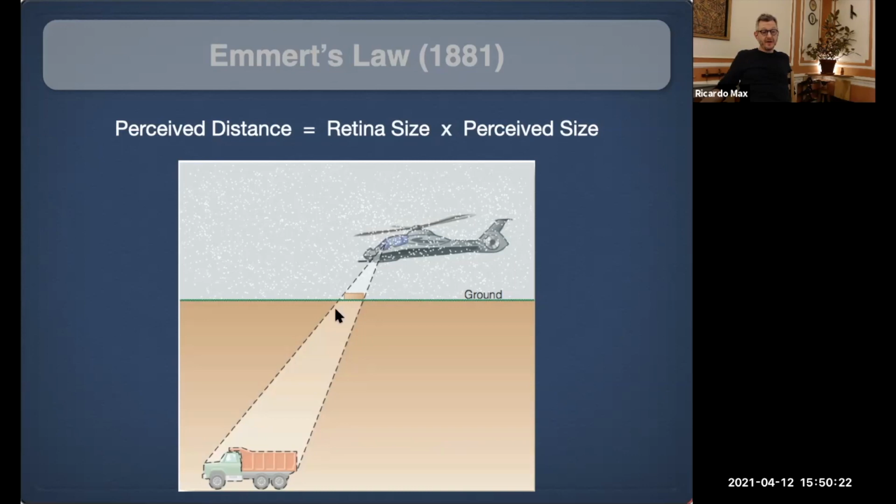Then the pilot may mistakenly think that the ground is far away, that the plane is still higher than it actually is. And there are many accidents of pilots landing thinking that they are still far away, and they crash onto the ground.